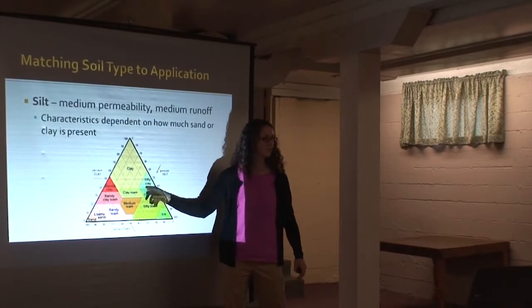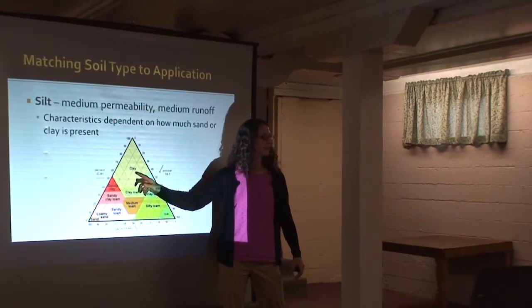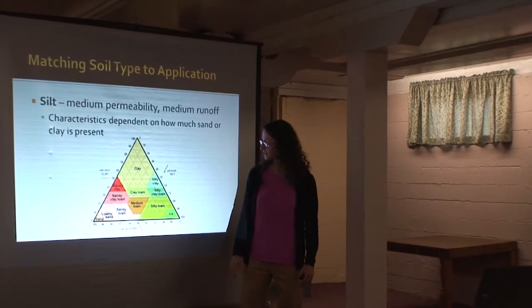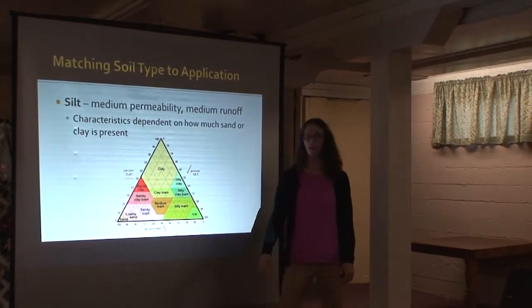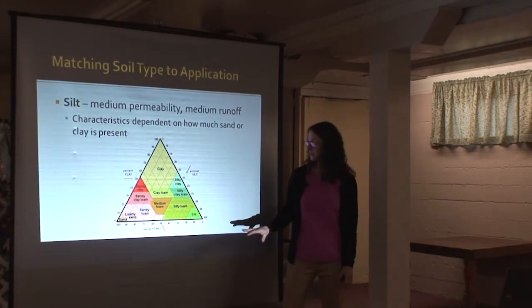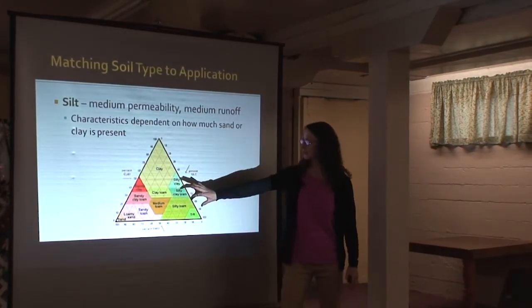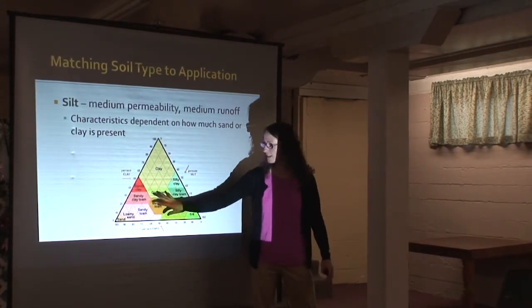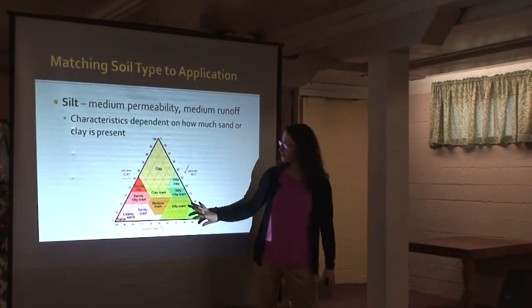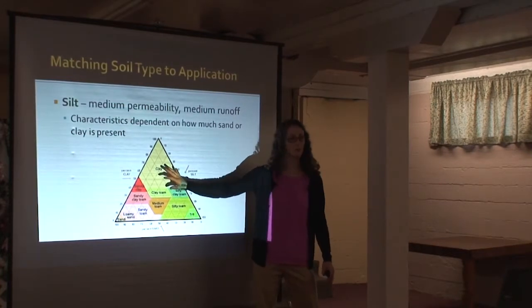Obviously, you know, if you have a soil in here, you're doing great. You've got the benefits of and the characteristics of all these. If you're farther on the silt, the clay, or the sand, you have to consider those appropriately. So wherever you fall on here for a silt is going to determine, are you more in the sandy and permeable zone, or are you more in the clay and non-permeable area?